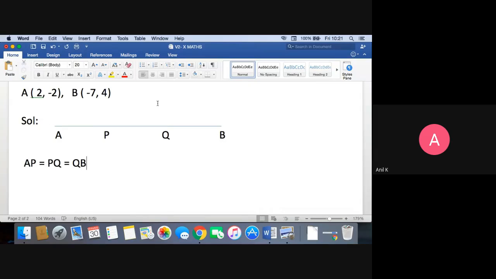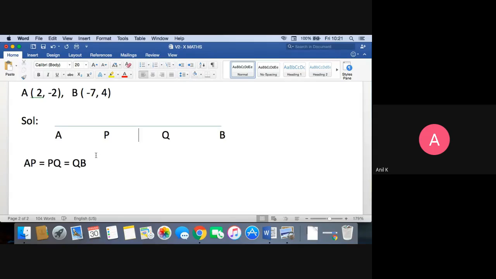If I go for AQ is to QB, then the ratio will be 2 is to 1. Okay, 1 is to 1 will come when P is the midpoint, but here P cannot be the midpoint. The midpoint will be somewhere exactly in the middle of P and Q. Then I have to take one more point, maybe R. That will be the midpoint of AB as well as the midpoint of PQ.